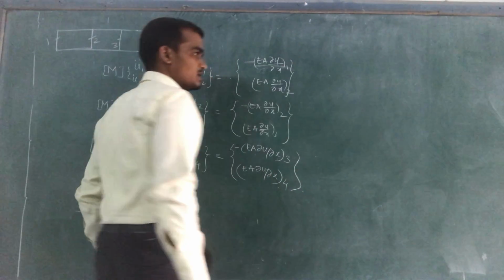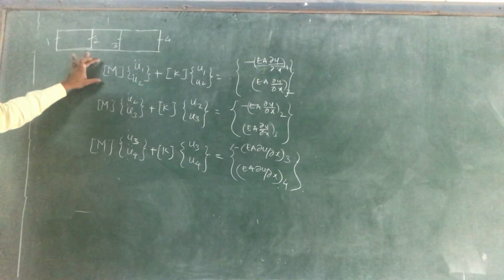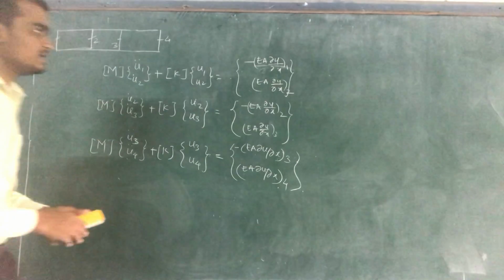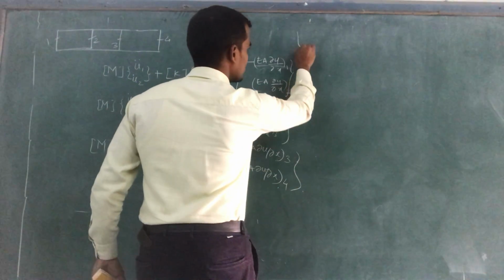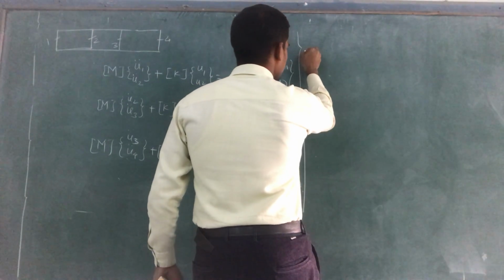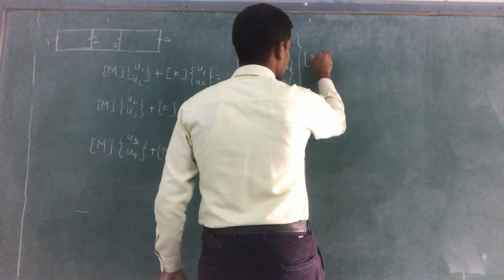Okay, so in this way you can write these three equations, first, second and third. If we combine these three equations, we will get this global M matrix.